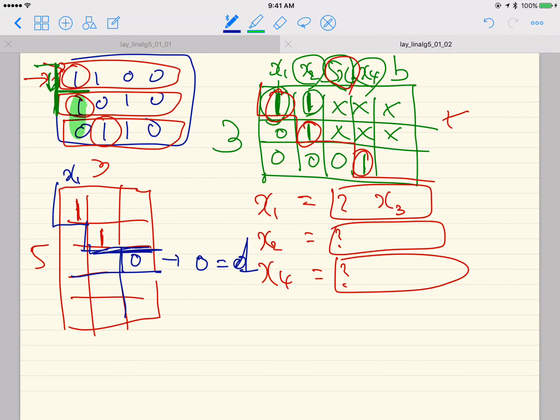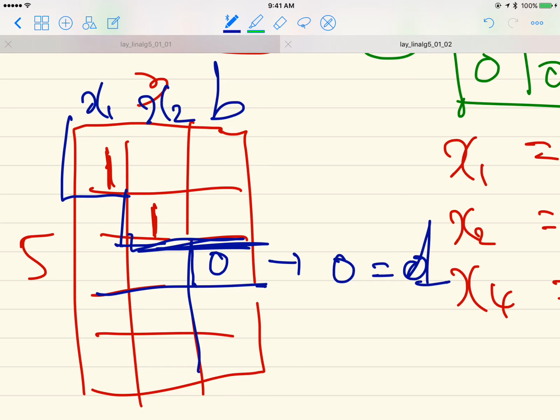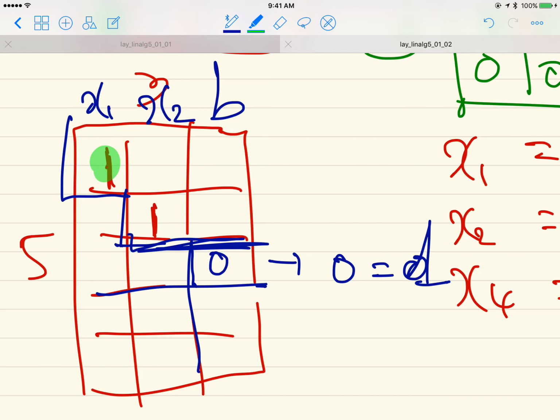This is x1 and x2, and this is b, right? Let's figure out where the pivots are. The pivots are here and here, and they correspond to x1 and x2. So we have 2 variables which are all basic variables because they all have a pivot in the corresponding column. So in that case, we have a unique solution.